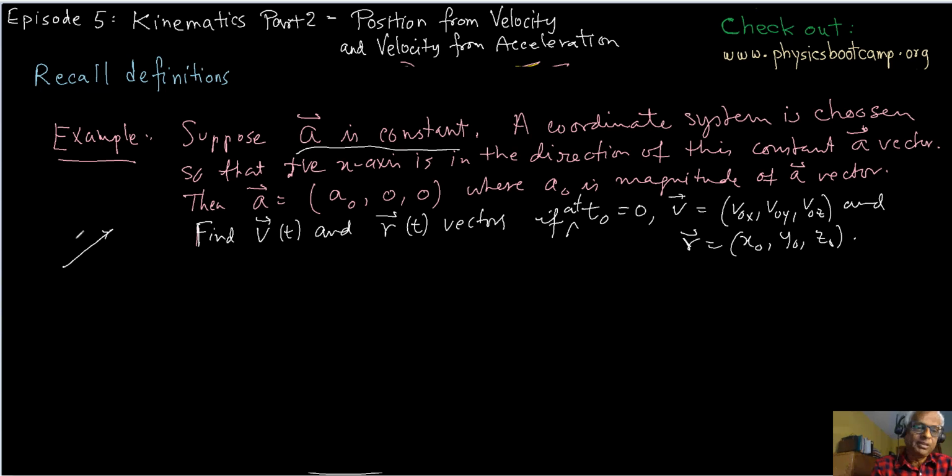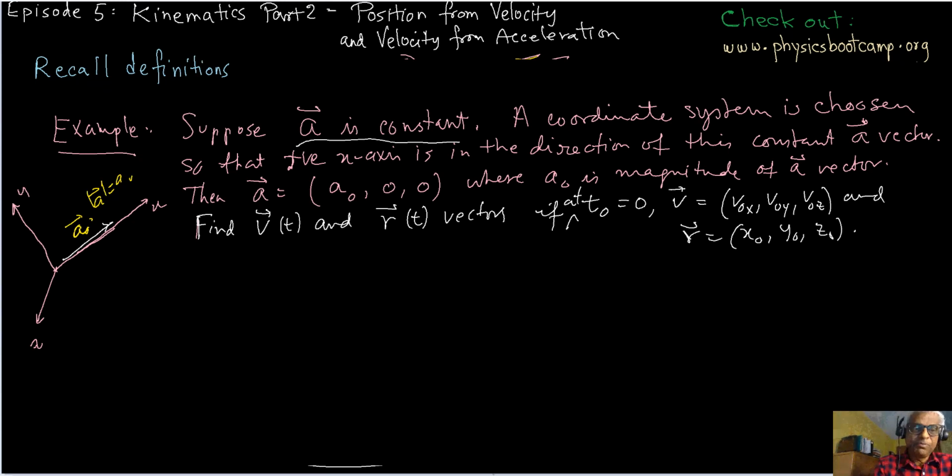So this is a0, this acceleration whose magnitude is a0 and it's in this direction. So I will just say let's make this direction the x-axis and make that direction the y-axis and make that direction the z-axis.